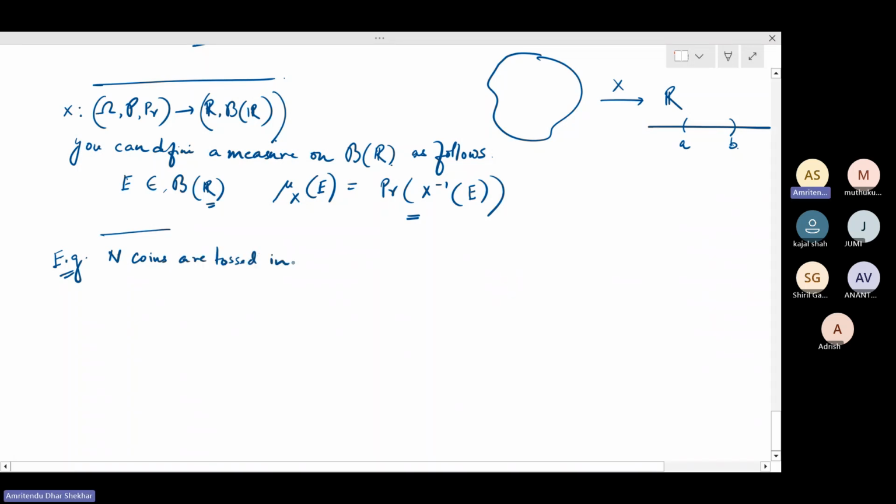Assume they're identical coins. We're making a measurement on this experiment, and the measurement is basically this: x is the number of heads that we see.